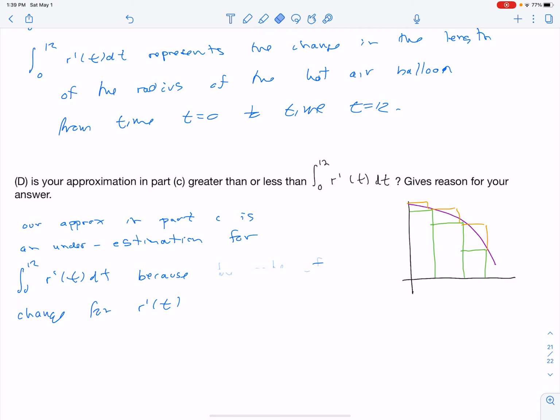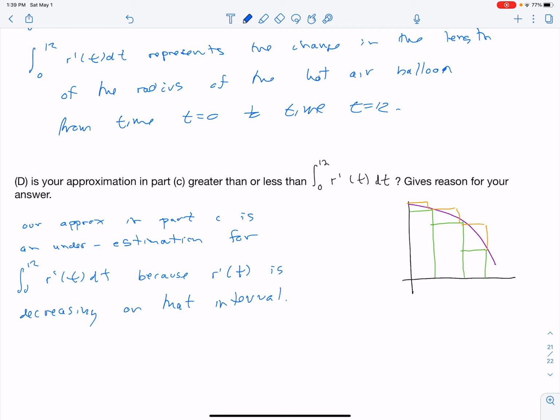So because r prime of t is decreasing on that interval.